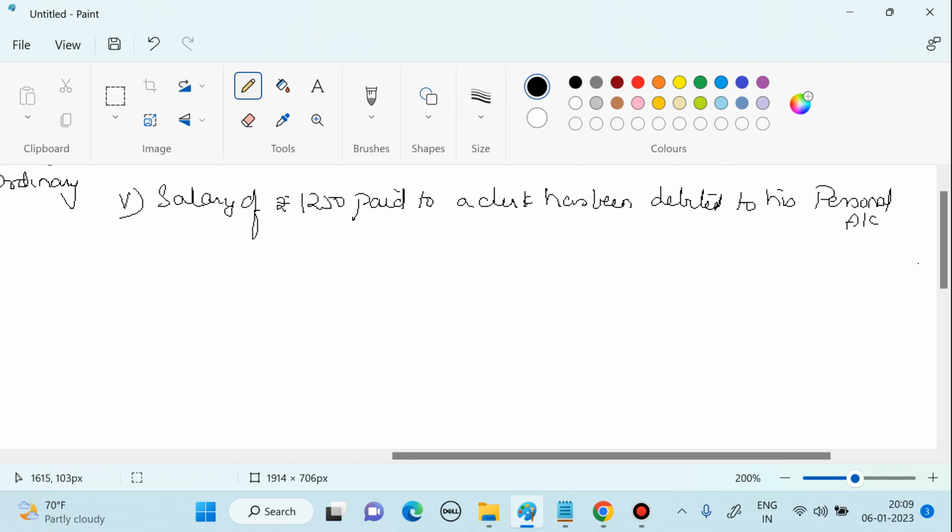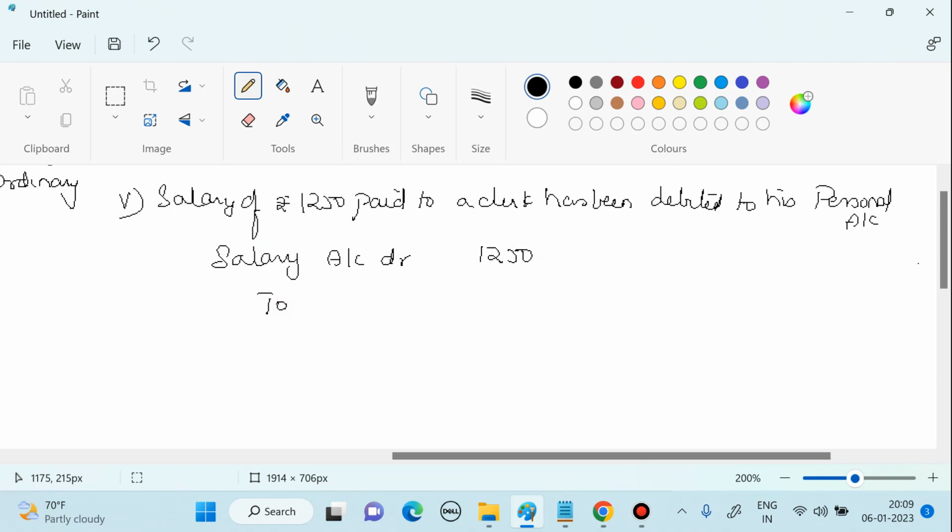So suppose it was Amit, the clerk. Then what did you write? You wrote Amit account debit to cash account, which is wrong. It should have been salary account debit to cash account. So how to rectify it? Which account should be debited? Who can tell me? Salary account. Which account is to be credited?